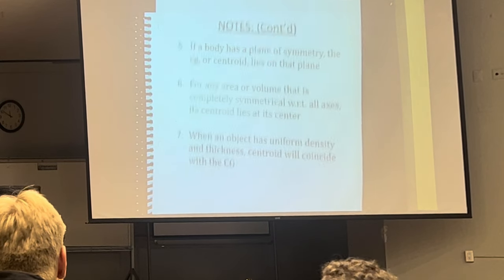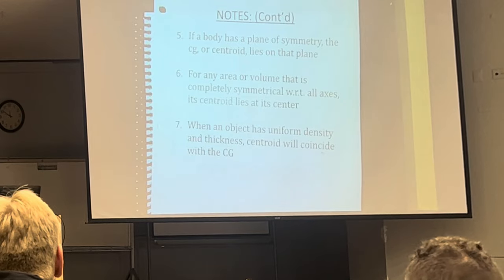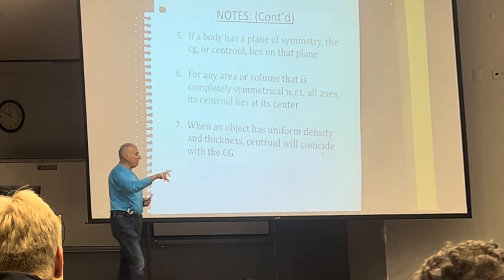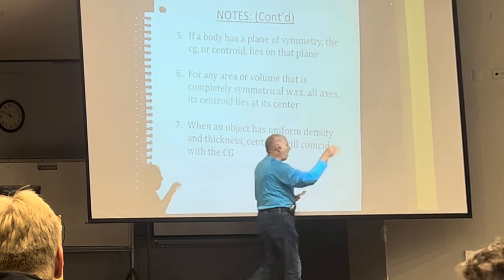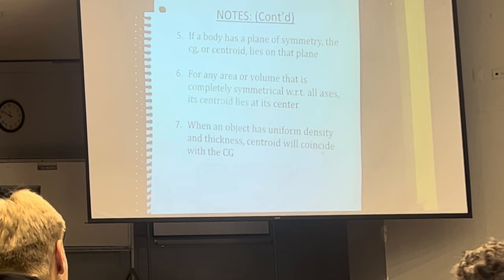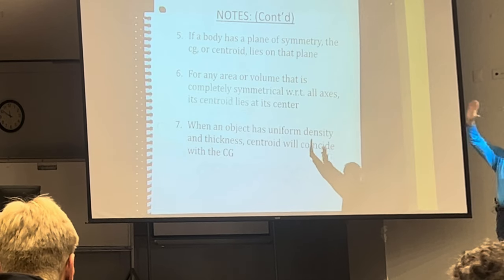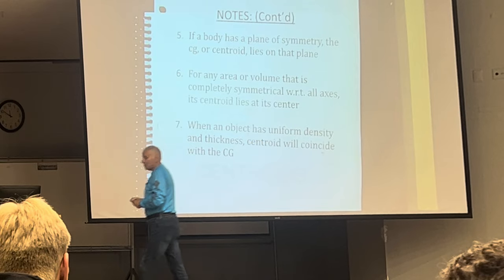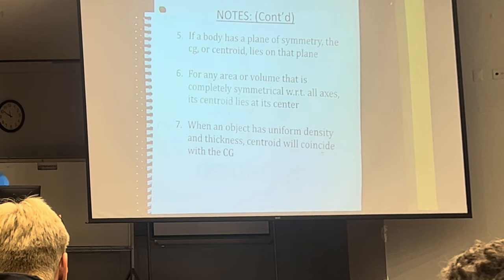If an object has uniform density and thickness, the centroid will coincide with the CG. So the CG and the centroid are one and the same point if you have nice homogeneity. In other words, it's nice and evenly distributed, the area, or the mass for that matter. Okay?